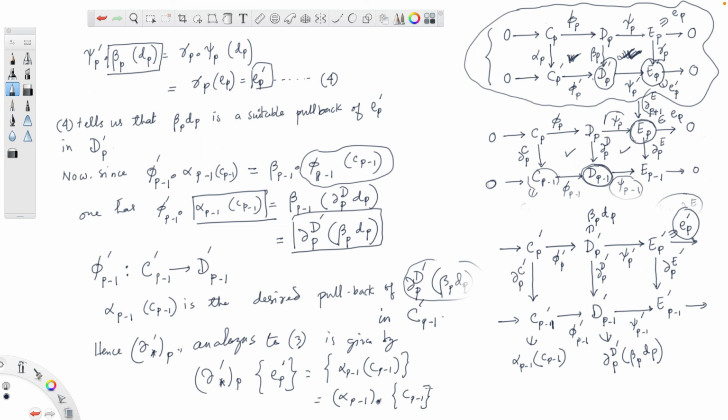This is what we were supposed to prove, and that proves that the square on the far right in the diagram of the two exact homology sequences commutes. Okay, QED.